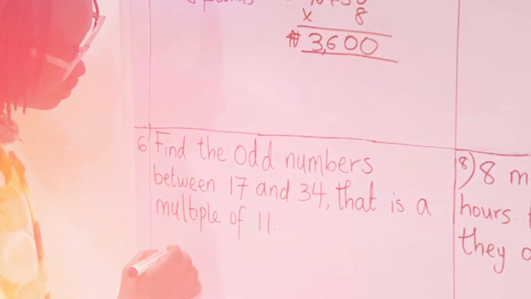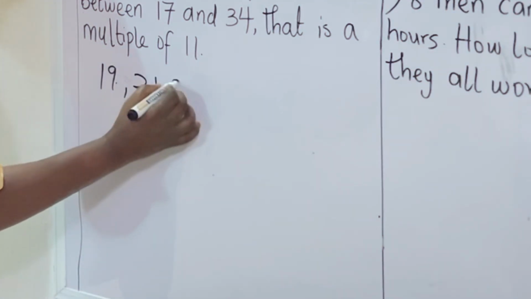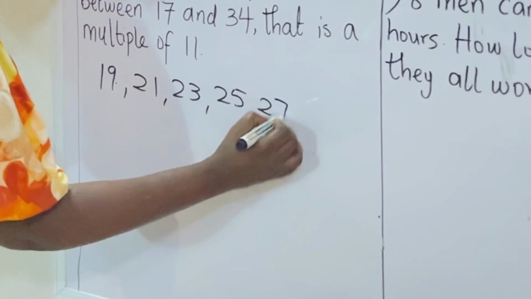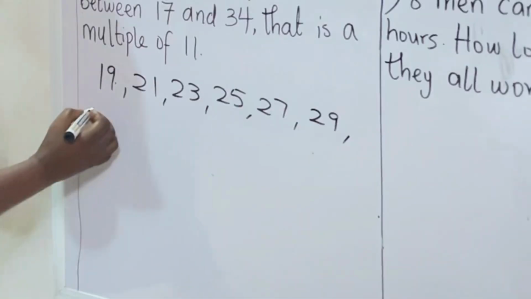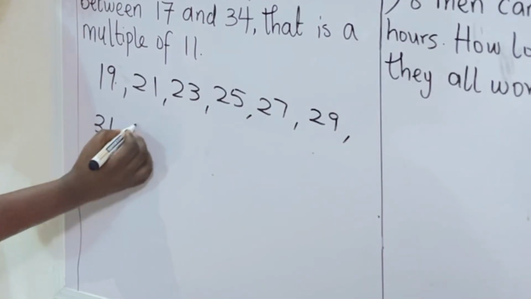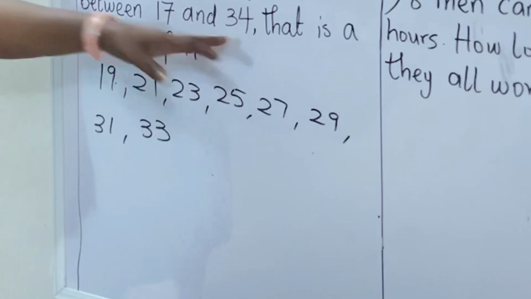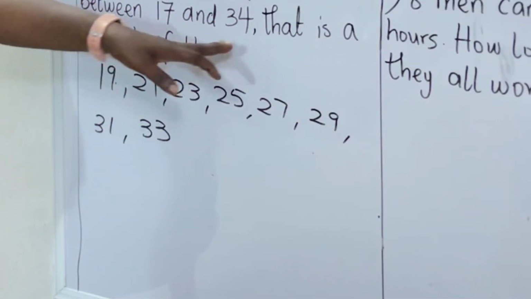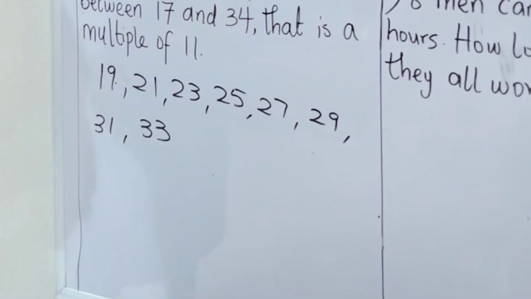After 17 is what? 19, 21, 23, 25, 27, 29, 31, and then we have 33. Okay, so 34 is not inclusive because 34 is an even number. If you divide 34 by 2, there is no remainder, so it's an even number.